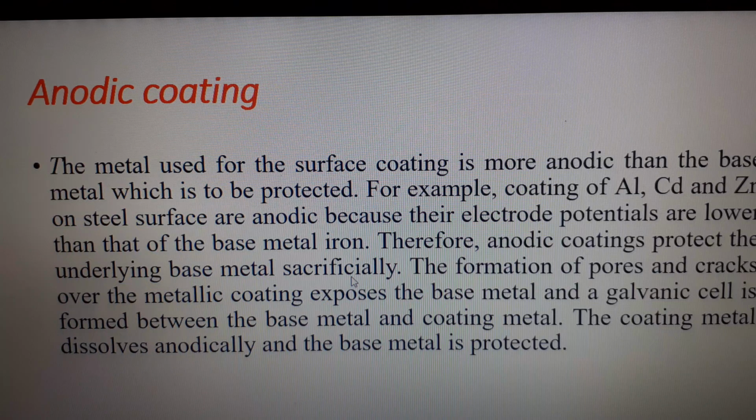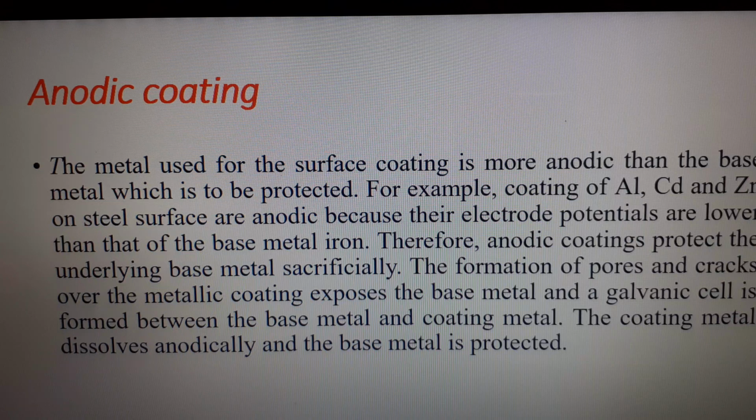For example, zinc, aluminium and cadmium on steel are anodic because their electrode potentials are lower than that of the base iron. If any pores break or discontinuity occurs in such anodic coatings, a galvanic cell is formed between the coating metal and the exposed part of the base metal.